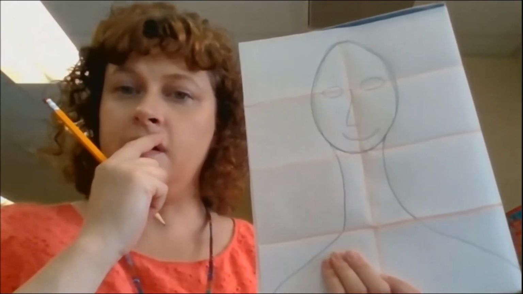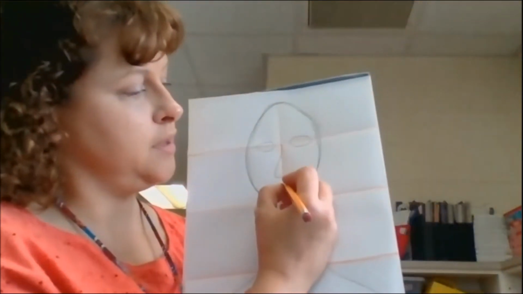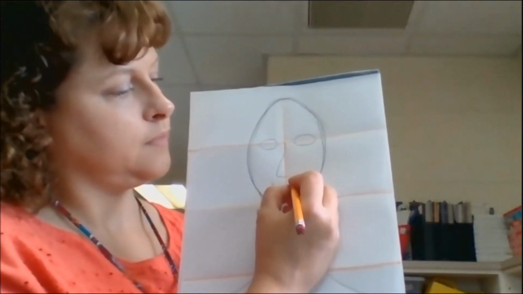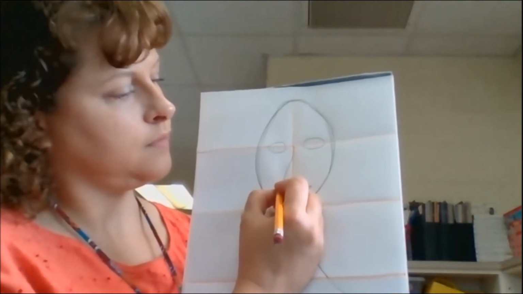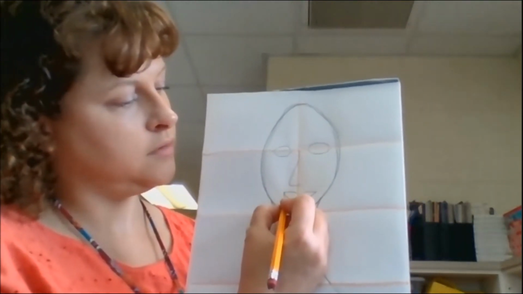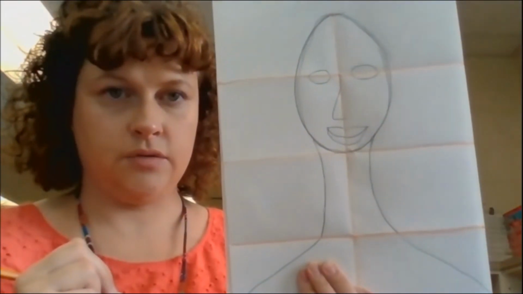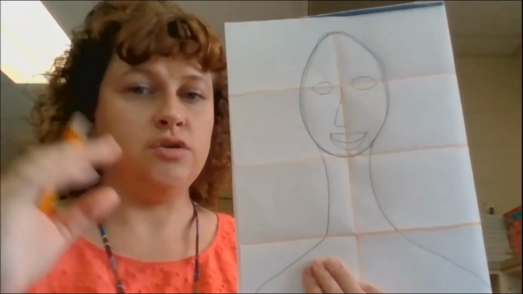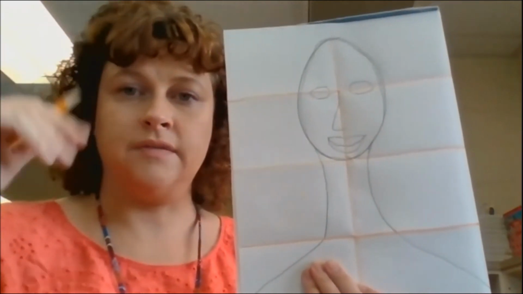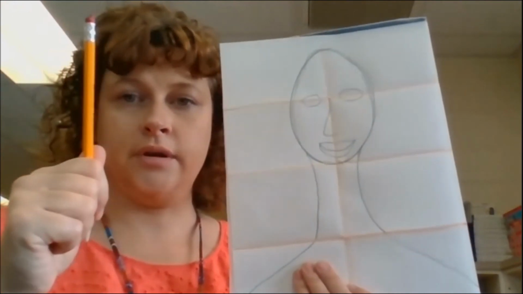Then I'm going to draw the outlines for the rest of the lips. So I'll start up here and connect to that. And then I'll draw the bottom part of the lip there and connect to the corners. So there's my mouth. And you can change the thickness and thinness of the lips however you want them to look. You can adjust that. That's why we're going to draw in pencil.